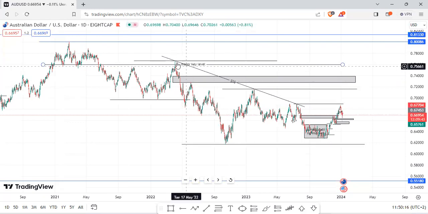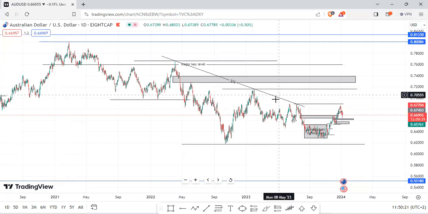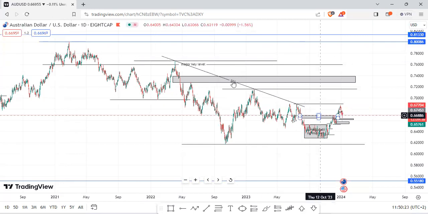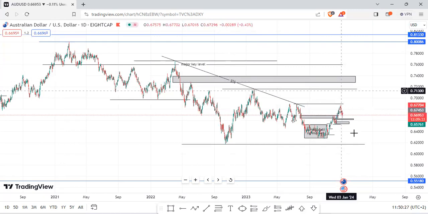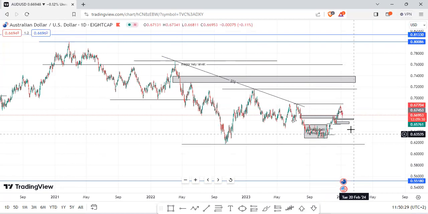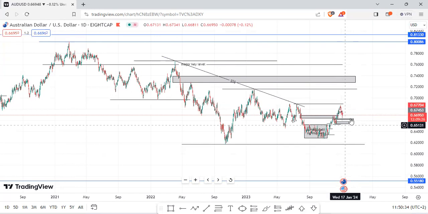Now from that major key level, we had this trend line here. This trend line here marked some sort of liquidity that still has to be taken out. Hence, I'm saying I'll see the DXY going up and then going down. If the DXY goes down, the USD would go up.